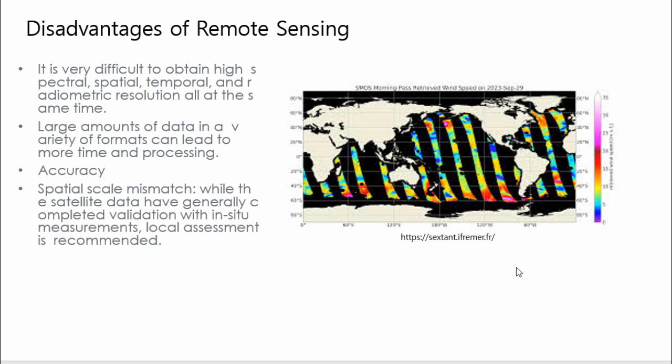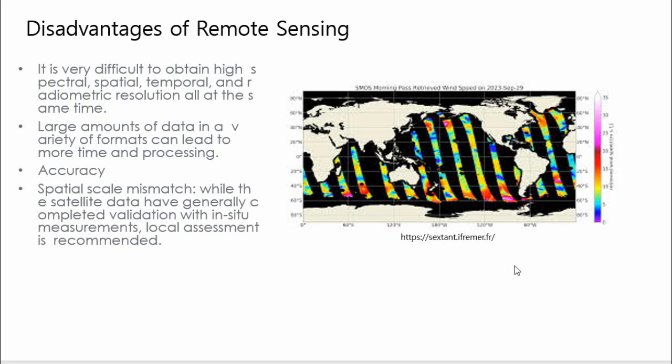So people often validate their products with in situ measurements from local stations. However, there's a spatial scale mismatch issue. In the case of soil moisture, in situ measurements represent a few centimeters, whereas for passive microwave sensors, the product represents about 50 kilometers by 50 kilometers.